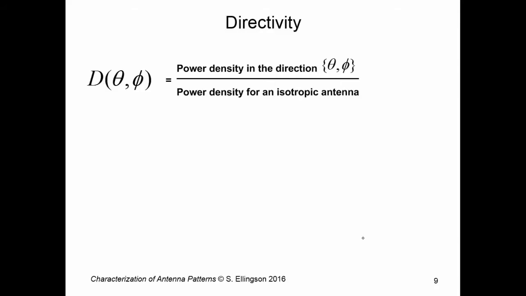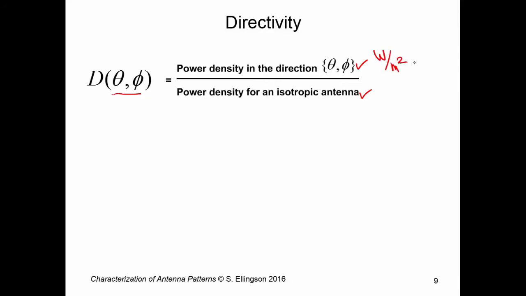Now, directivity. Directivity is formally defined as the power density in some direction, theta phi, because directivity is a function of theta and phi, divided by the power density for an isotropic antenna. So the idea is you can apply a certain amount of power to a given antenna. You can measure how much power density, that's watts per meter squared, it puts out in the far field.